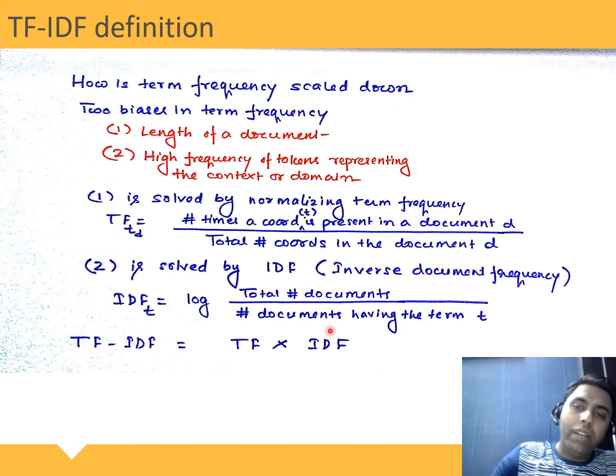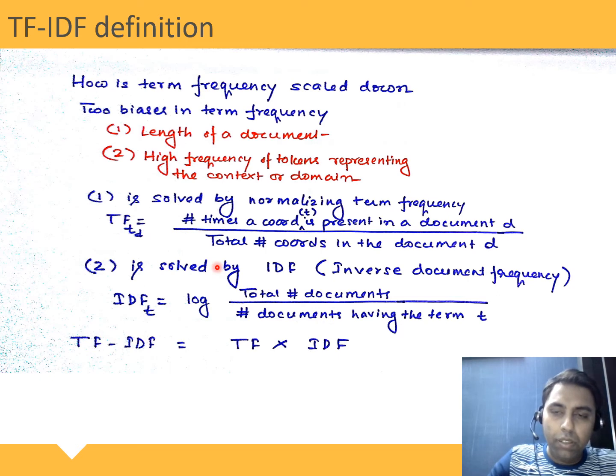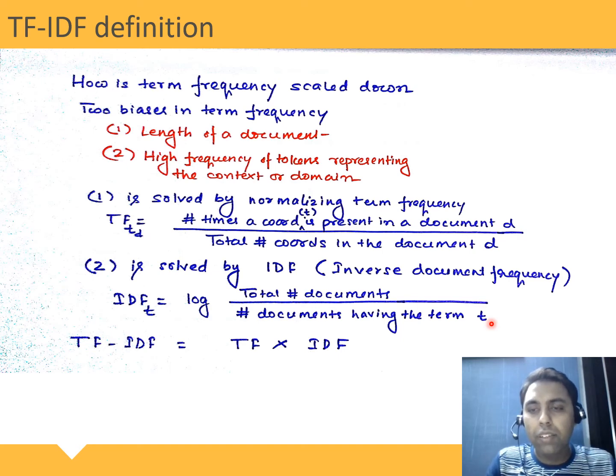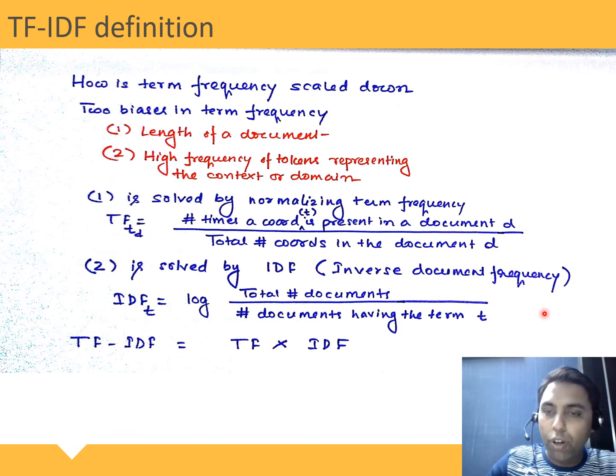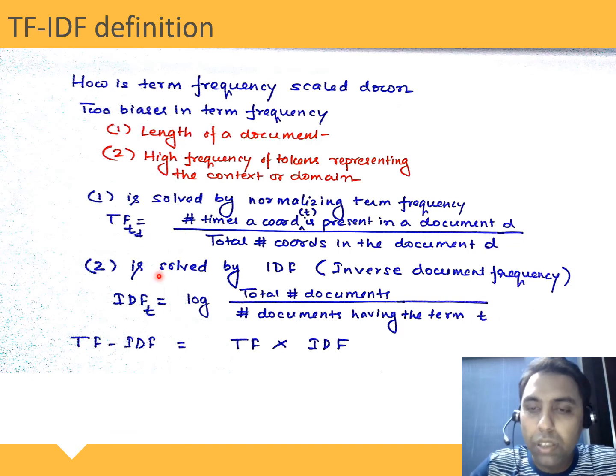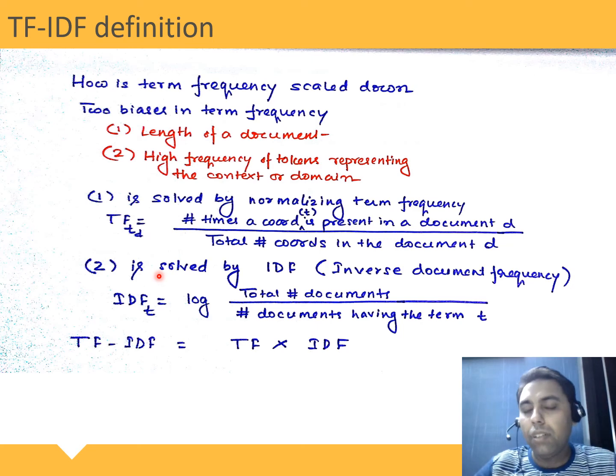So in simple words, the way to interpret it is, for a given word, you first find how many documents there are in your data which contain that word. Then you divide it by the total number of documents. That gives you the proportion of documents in your data which contain that particular word.